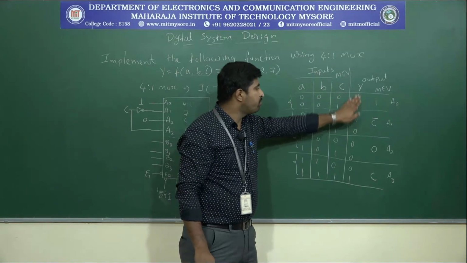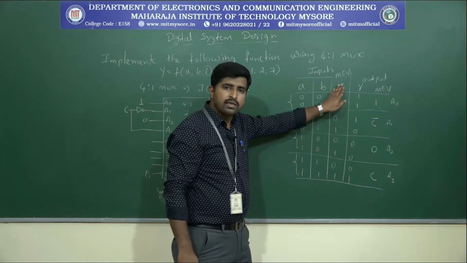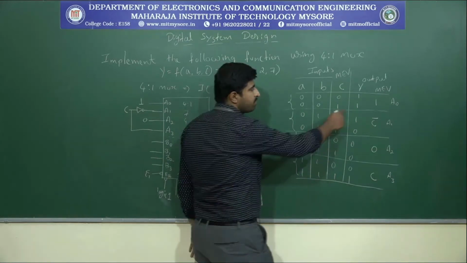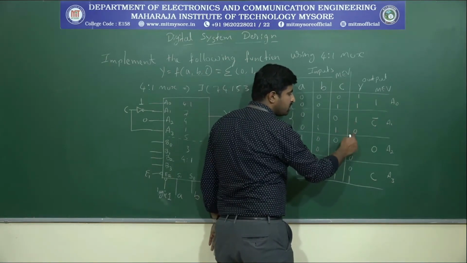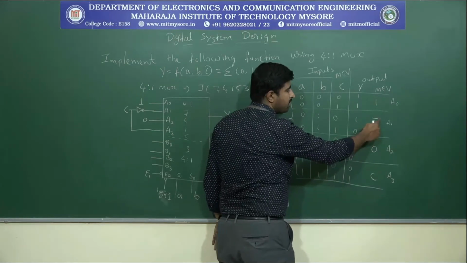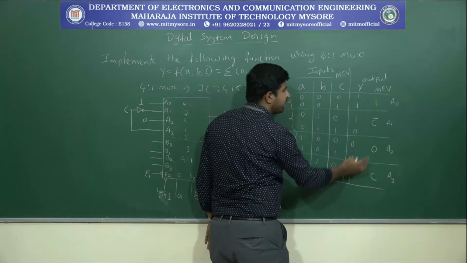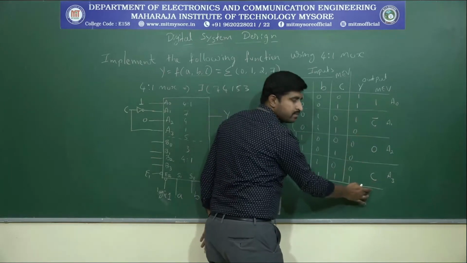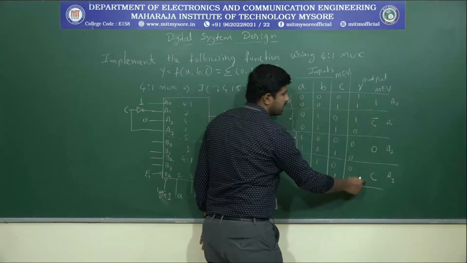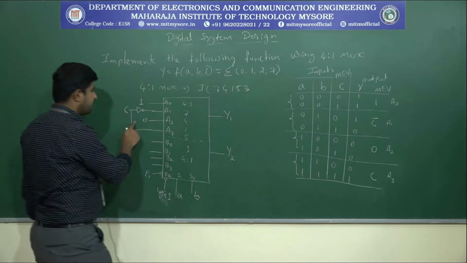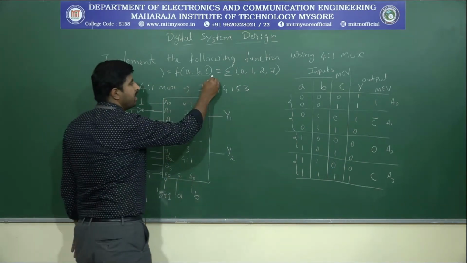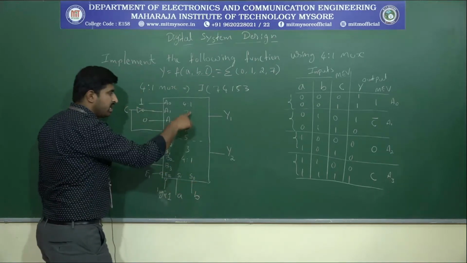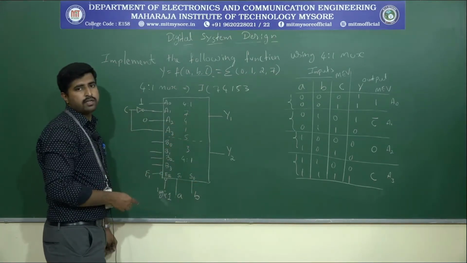So here the output will be represented in terms of the map entered variable. Here 1 1, so we write a 1. Here 0 1 1 0, so we write C bar. Like that, the output will be represented in terms of C. That will be connected to the inputs, and like that we are going to implement any given 3 variable function using the IC 74153.